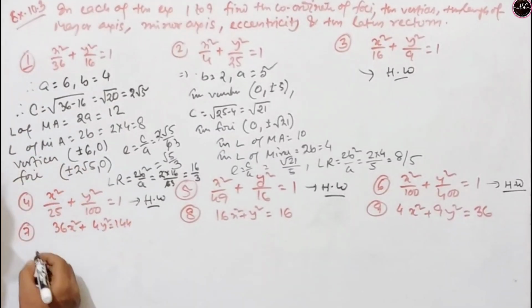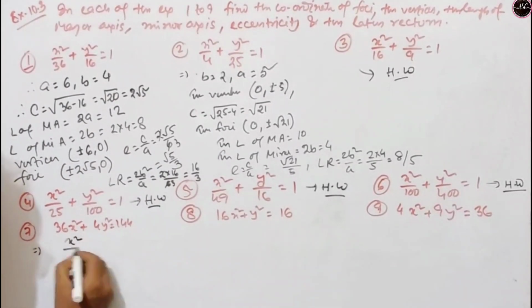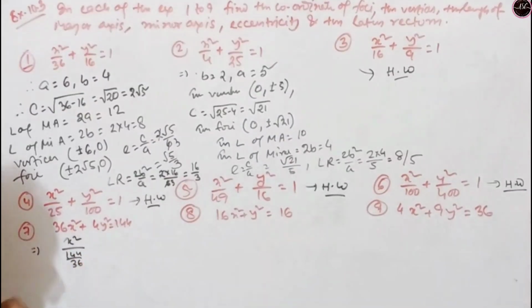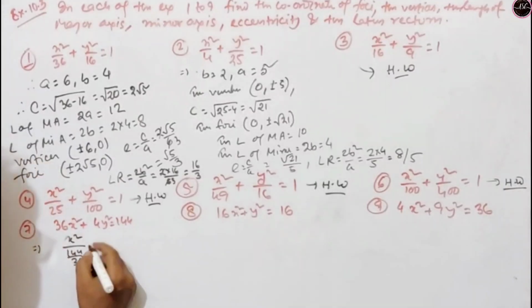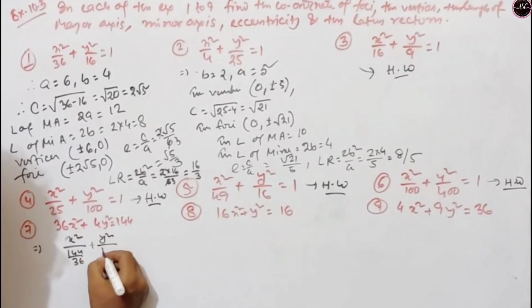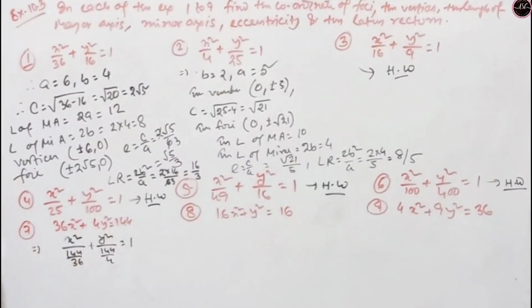Okay, now look at this. If there is this type of equation, then just write here 144 by 36. This can be written by dividing both parts by 144, plus here this will also be y square 144 divided by 4 equal to 1. Okay, just solve this.